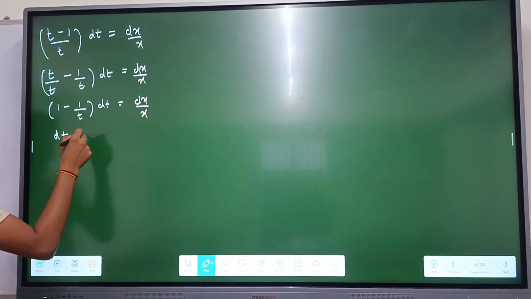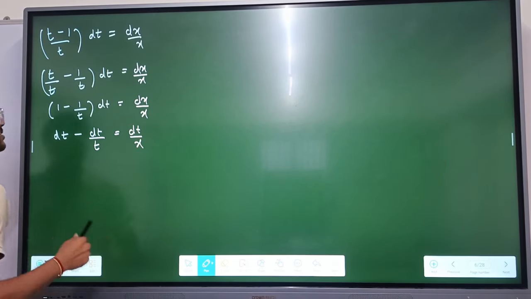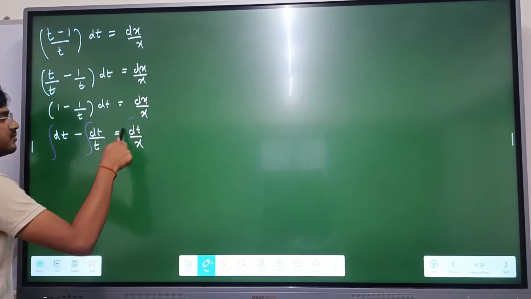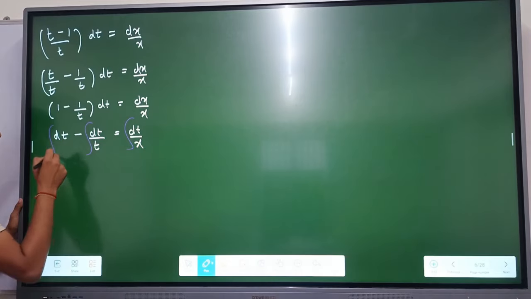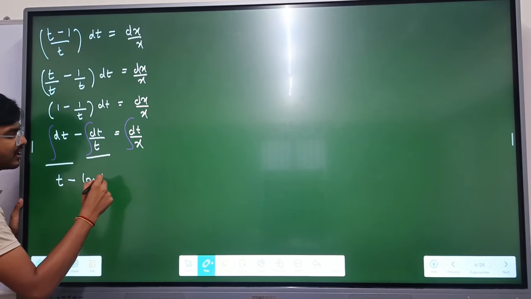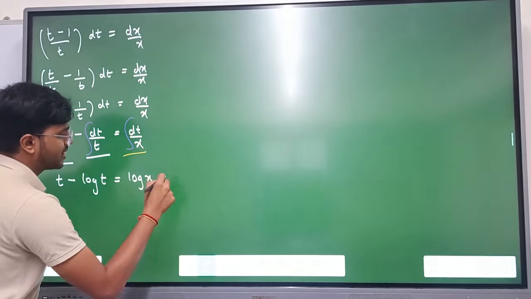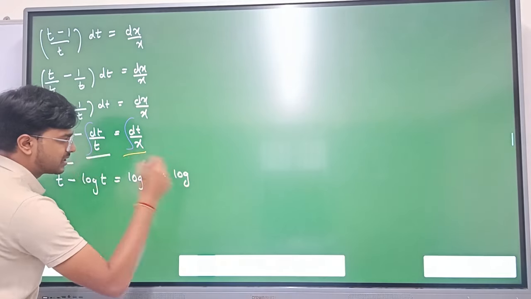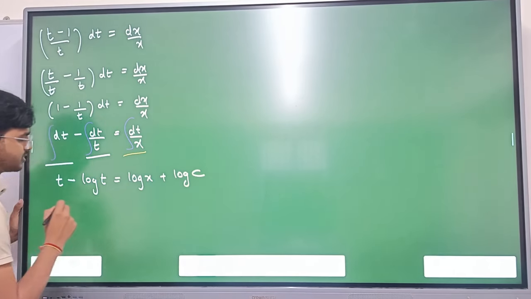So dt minus dt by t equal to dx by x. Integrate. If I integrate, what is the integration of dt? t. Integration of dt by t, log t. Integration of dx by x, log x, plus let's say some constant, log c. Or c, anything. You can keep it as log c or c.